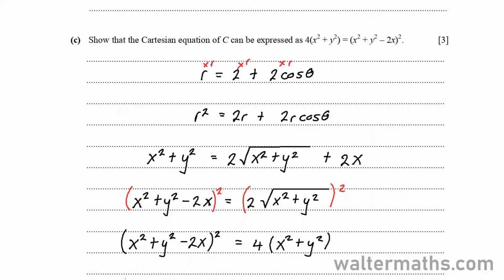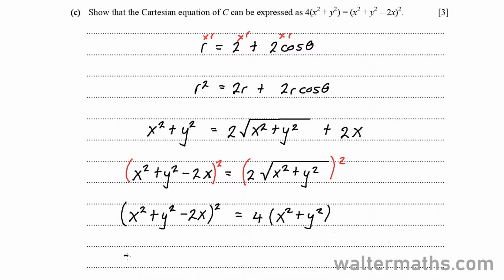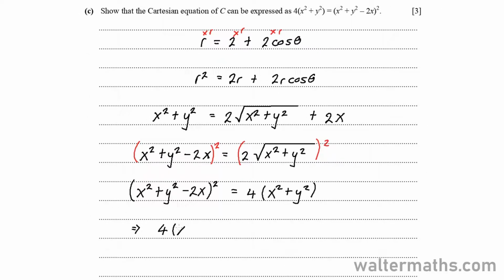So let's just rewrite that to 4 of x squared plus y squared equal to x squared plus y squared minus 2x all squared. So that's exactly what they want us to get. So we can say hence shown. And that's it for part C.